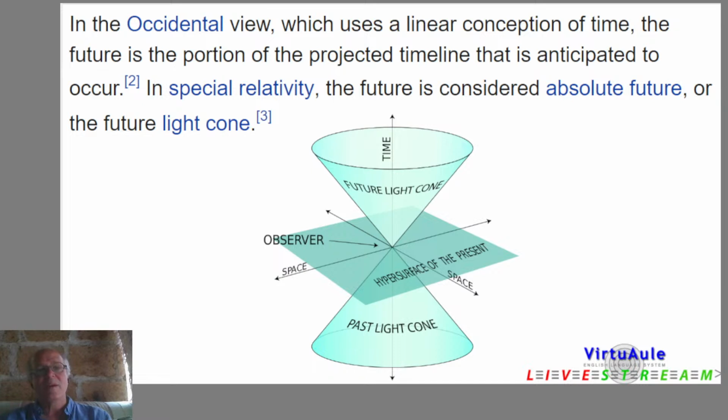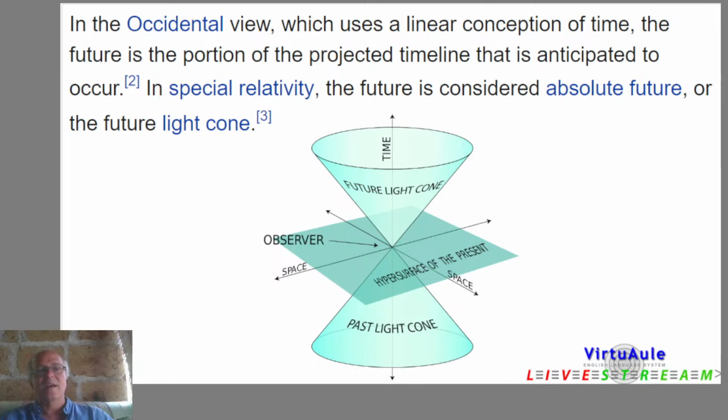The time hits the space plane, which is the present, and then releases what is represented as a cone above this line. This is the hypersurface of the present. The hypersurface. It's moving.